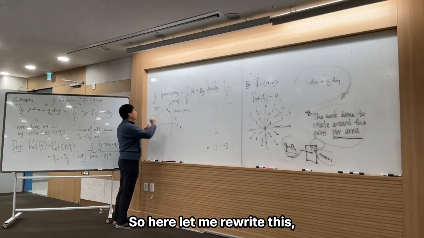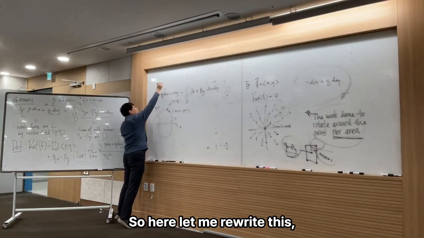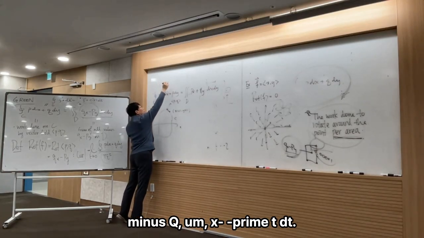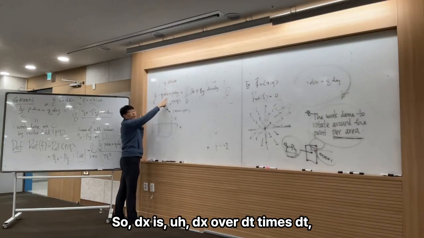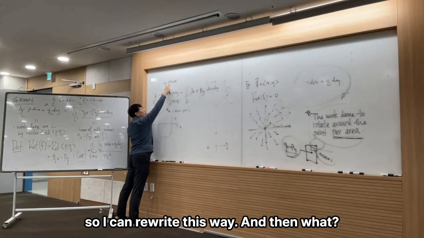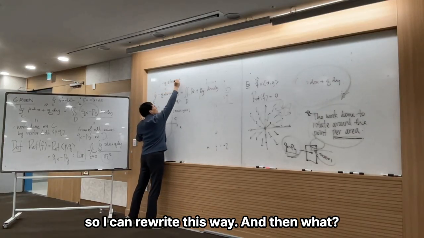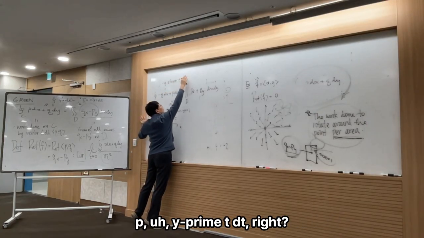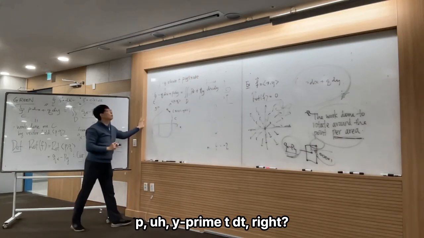So here, let me rewrite this. Minus q x'(t) dt. So dx is dx over dt times dt, and dx over dt is x'. So I can rewrite this way: p y'(t) dt, right?